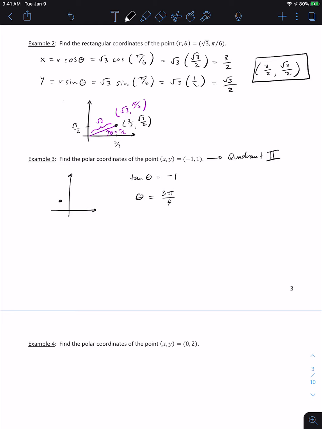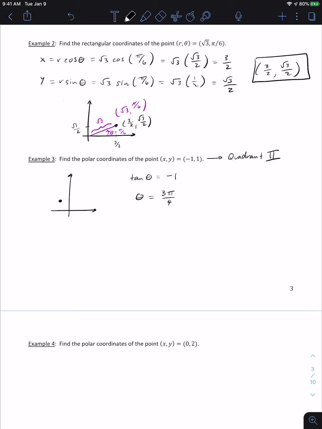So 3 pi over 4, and that is consistent with this one. Now 7 pi over 4 would also give us tangent equal to -1, but that's not the one we want, because 7 pi over 4 is going to give us a fourth quadrant angle, right? So 3 pi over 4 is the theta that we want.